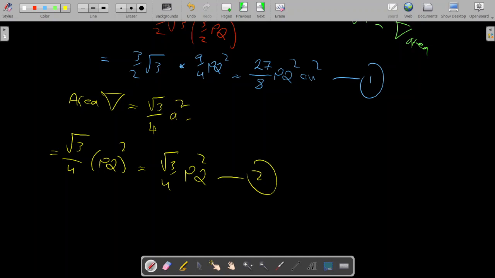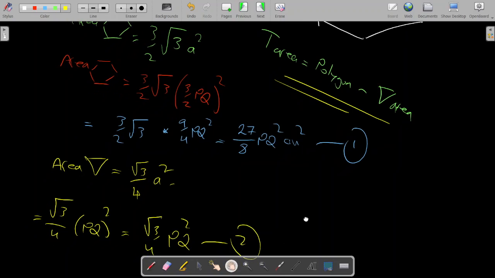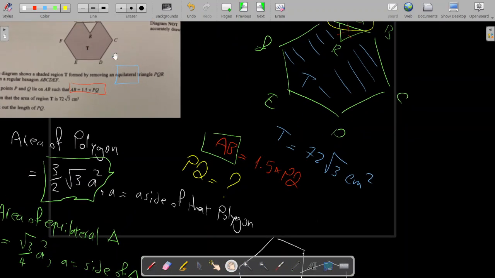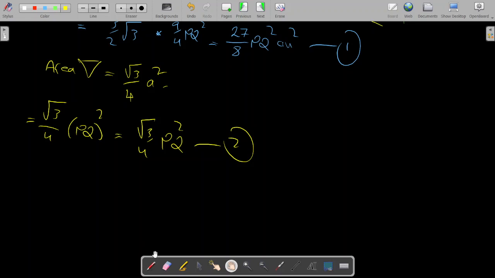Now we're going to get back to this formula here that we mentioned, that the T area is equal to the polygon minus the triangle. And the T area, we say that's going to be equal to what? If you remember, it's given in the question. It's equal to 72 square root of 3. So here we're going to say that, I'm going to write it so you catch up with me.